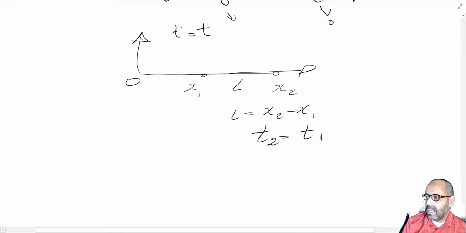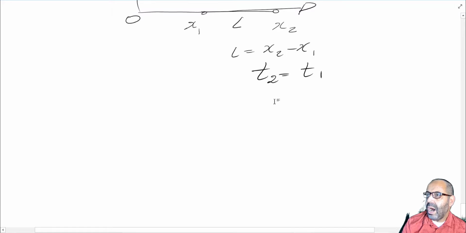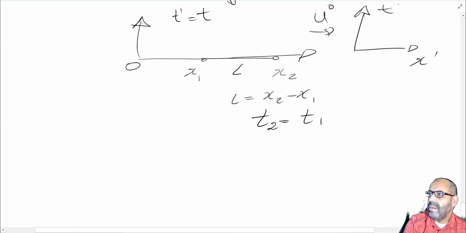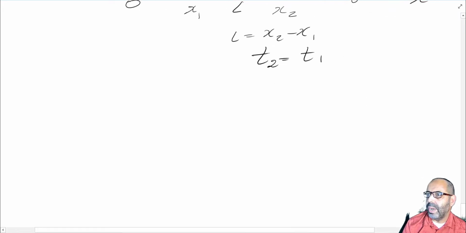With that in mind, I want to understand how another person moving with velocity u with respect to this frame would see this length, with Lorentz transformations. So let's do that quickly.